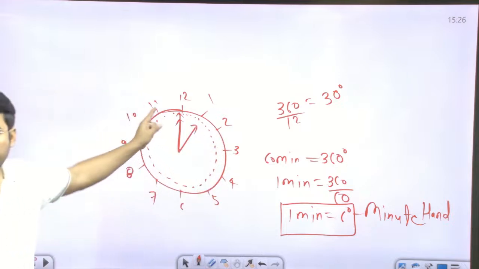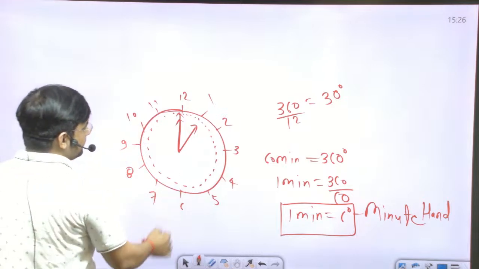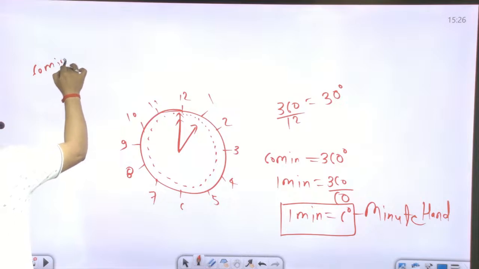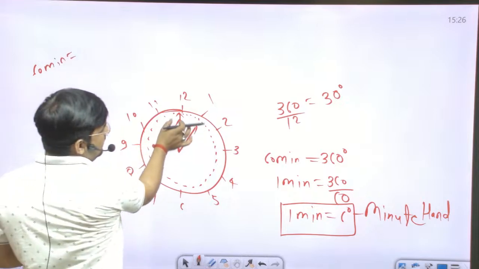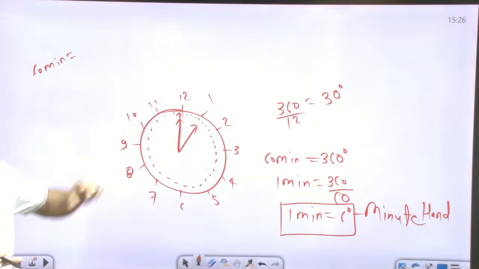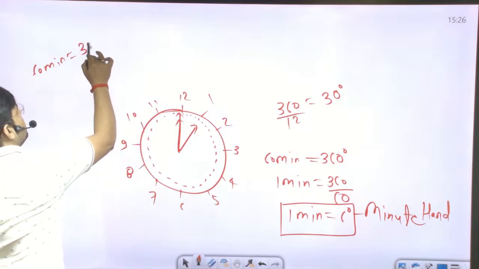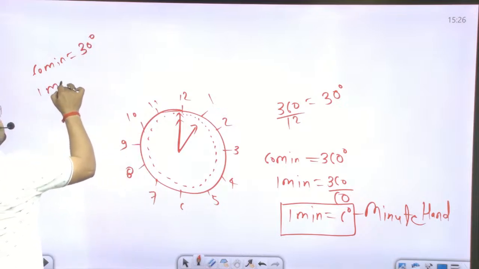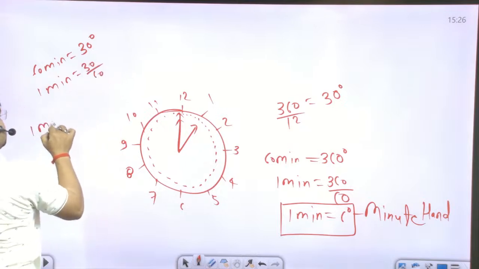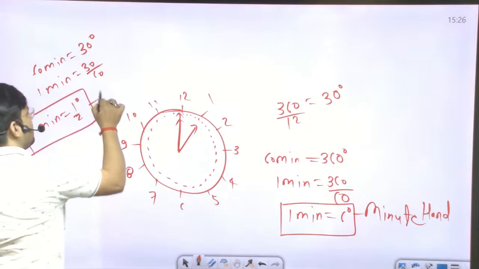Then it becomes 1 o'clock after 60 minutes. So when the minute hand completes a rotation of 60 minutes, how many degrees does the hour hand move forward? It's 30 degree, because the difference between every number is 30 degree. So 60 minutes equals 30 degree. So 1 minute equals 30 upon 60. 1 minute equals 1 upon 2 degree. It's the hour hand.